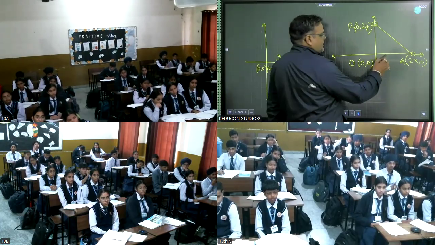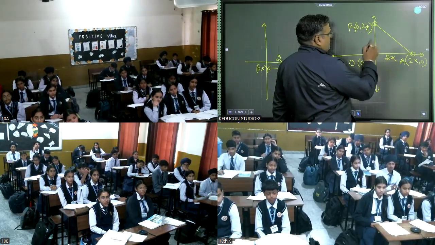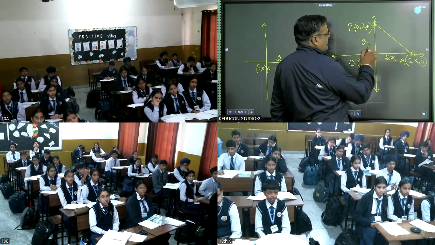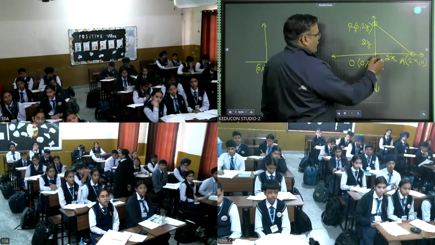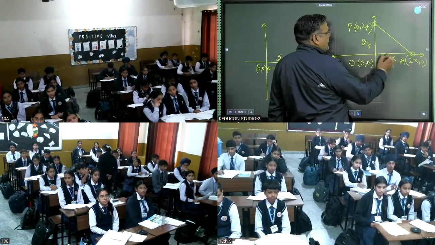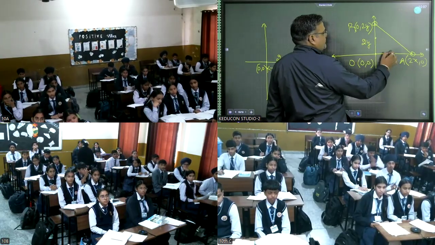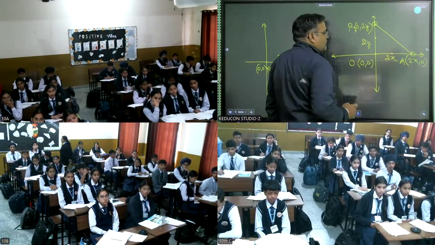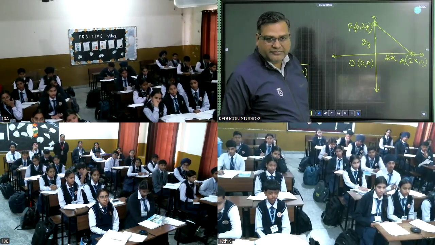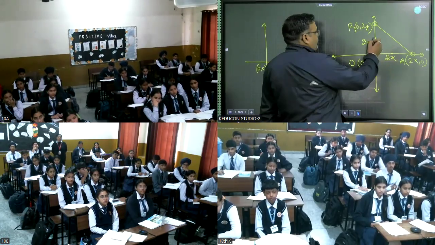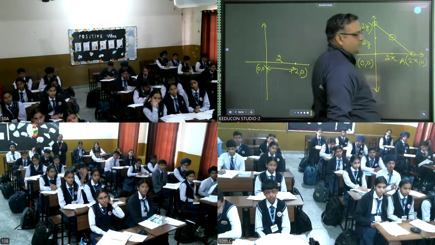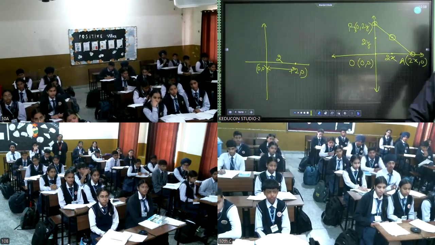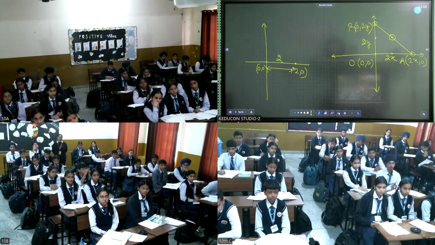So what will be this distance? 2x. What is this distance? 2y. Is it clear? Now the midpoint of this will be x comma 0. Yes or no? Yes. Now first point x comma y will lie in this point, this line or not? X comma y will lie on this line or not? Yes or no?